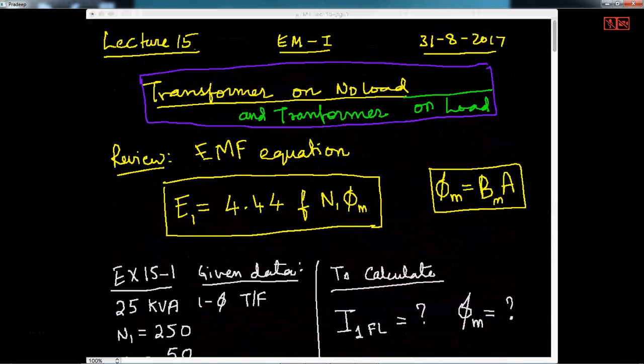So what happens if I add load to the transformer? So let us do that. So again, let me open a new page, and in that I will discuss this topic.